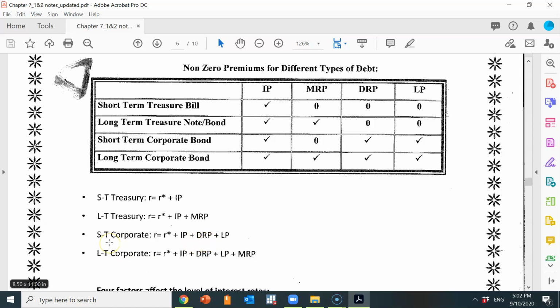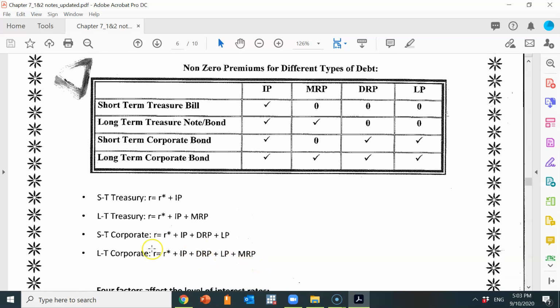So when we are calculating interest rate R for short-term corporate, we use R star plus IP plus DRP plus LP. For long-term corporate, because it's long-term, it has MRP. Because it's corporate, it has DRP and LP. So for long-term corporate, we need to use all of the premiums. We use R star plus IP plus DRP plus LP plus MRP.